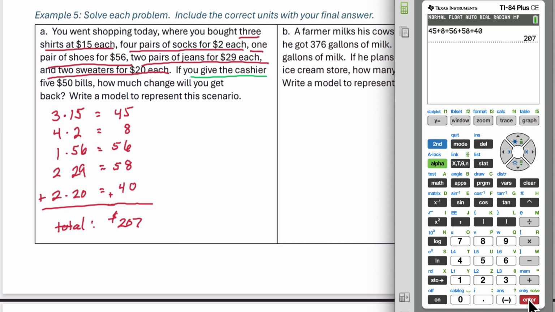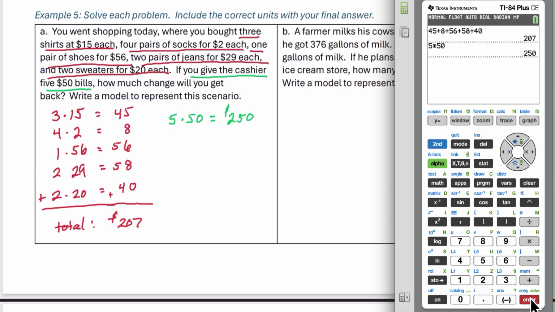You gave the cashier 5 $50 bills. So let's talk about how much you gave the cashier. 5 times 50. Here, we get $250. So this is the total that you gave the cashier.